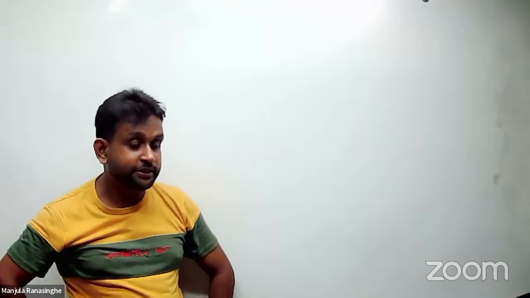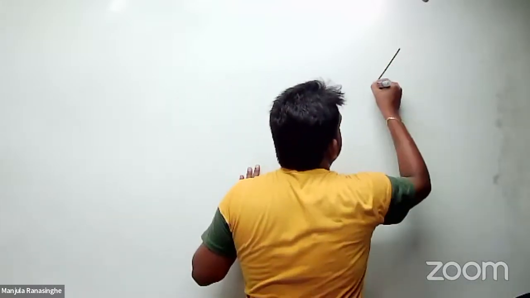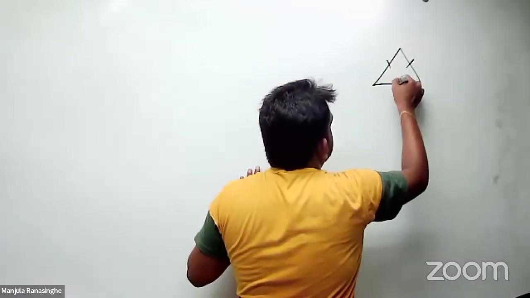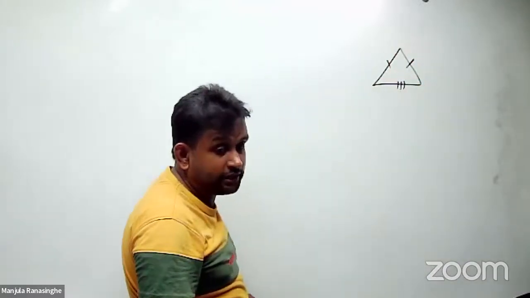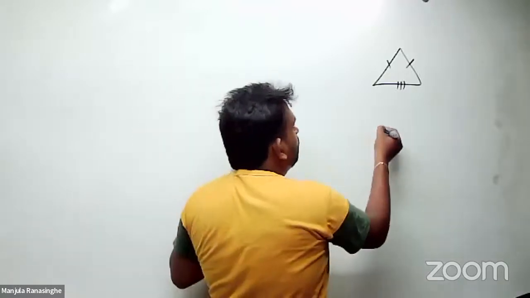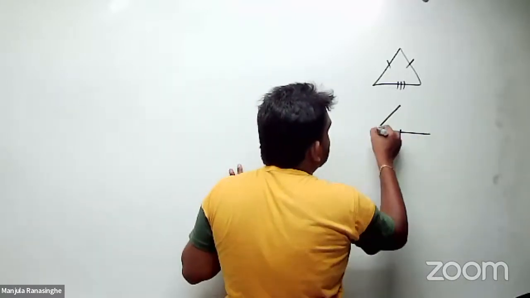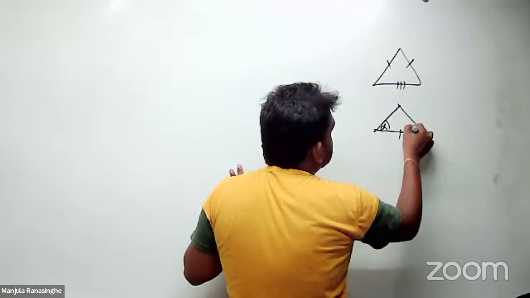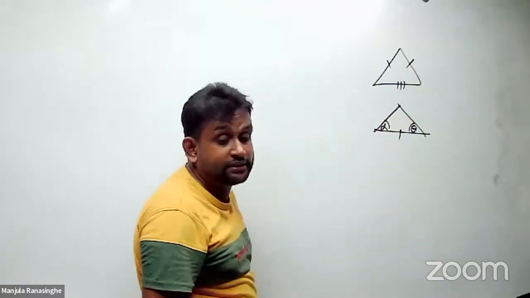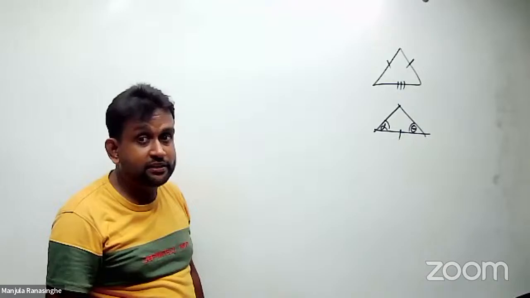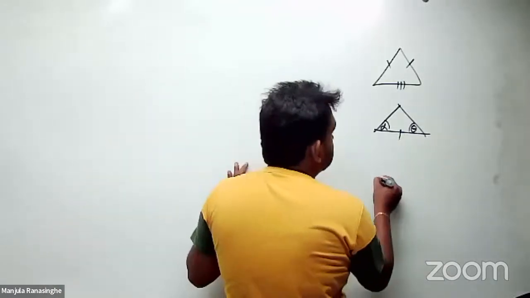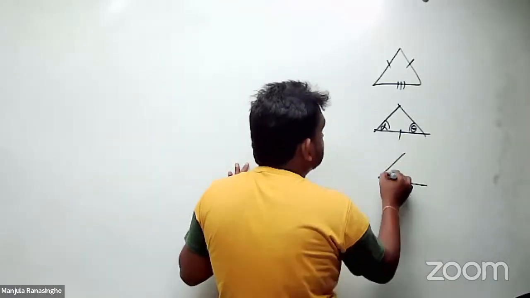How are the triangles given? When three sides are given, we can draw a triangle. All three sides given. So this is how the questions are given. Then one side and two angles given, right? Alpha, theta, I mentioned, right? Two angles and one side. The other one, two sides and one angle given.